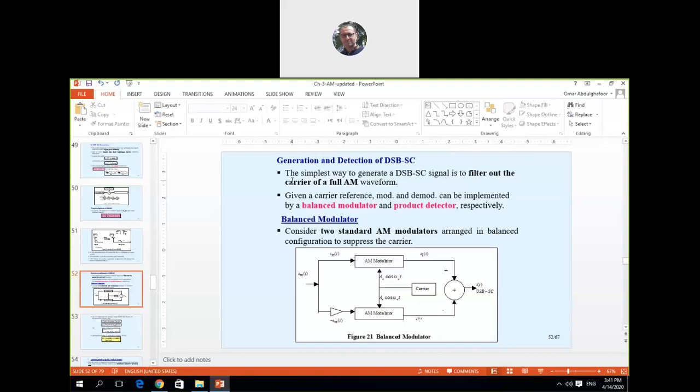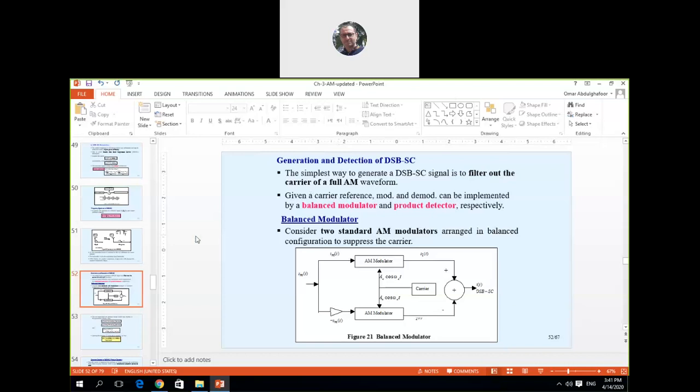So for double sideband suppressed carrier, we also need to generate the modulated signal and detect the modulating signal. Again, we have some techniques.